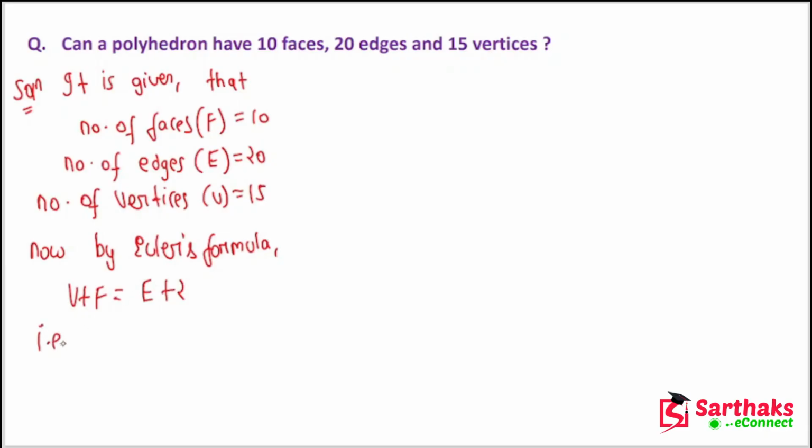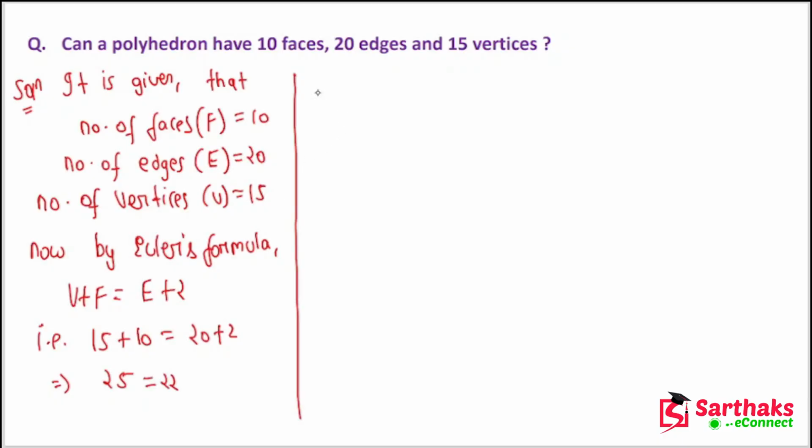That is, 15 plus 10 is equal to 20 plus 2, which implies that 25, 15 are the vertices, 10 are the faces, is equal to 22. 25 is equal to 22, which is, you can clearly see, false.